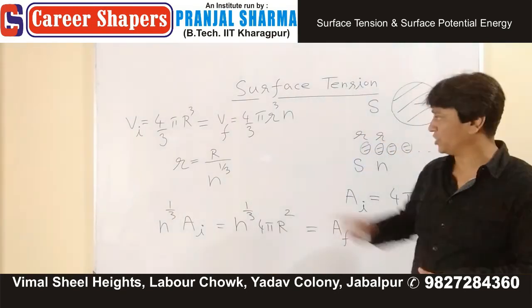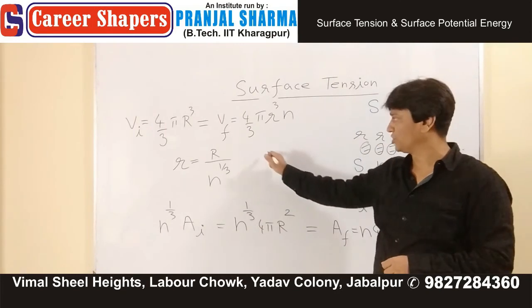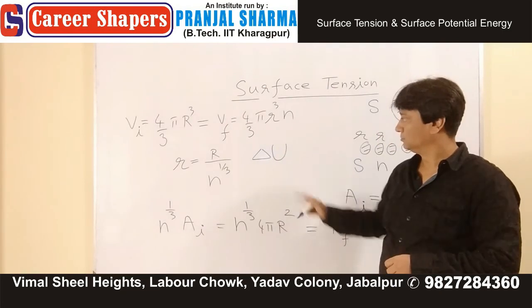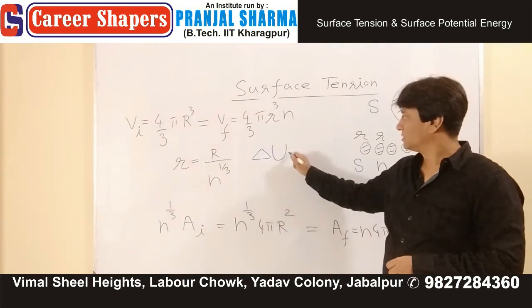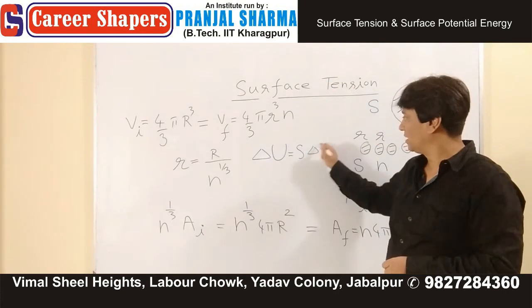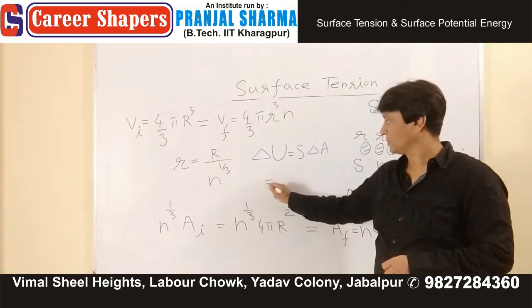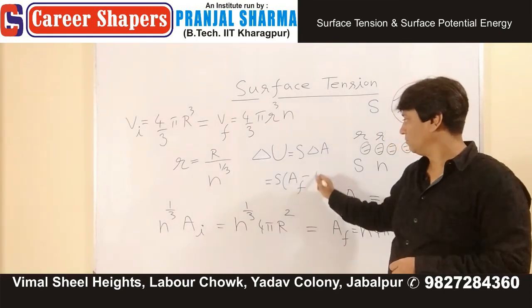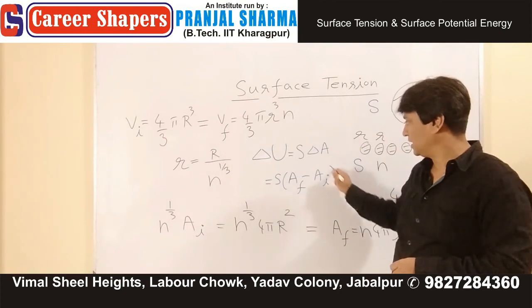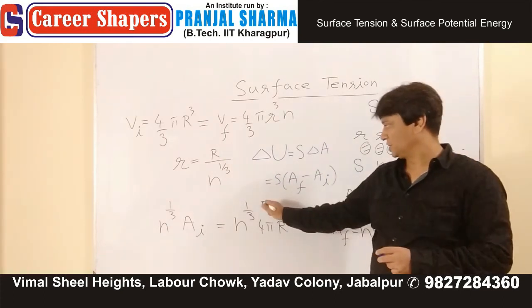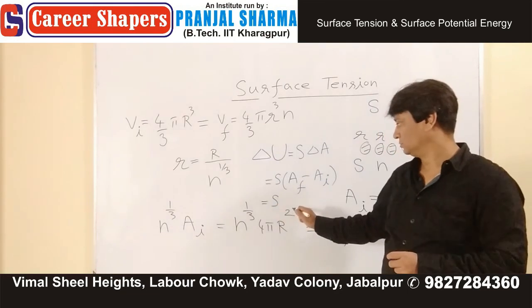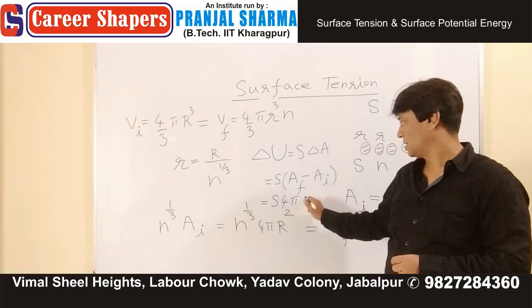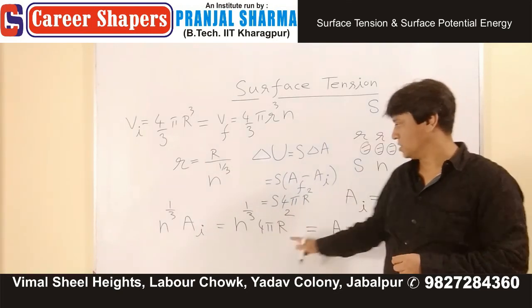And therefore again, when a big drop splits, its surface area increases, which increases what? Surface potential energy. Let's write down the change in surface potential energy. Delta U is surface tension multiplied by delta A, which is S into A final minus A initial, which is S into 4 pi r square common.